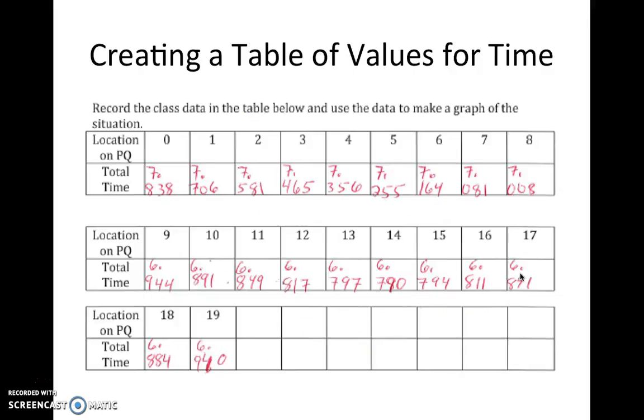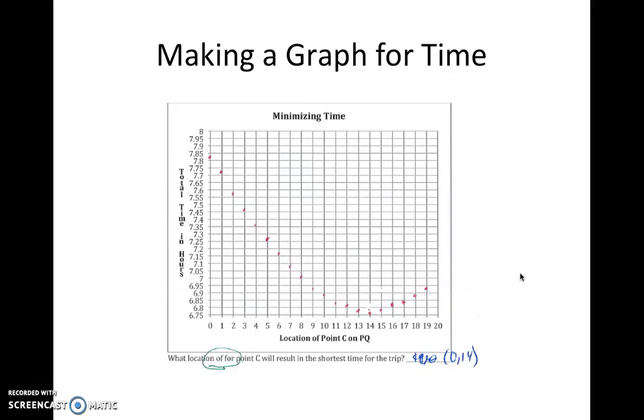Made and filled in another table with all of the possible integer locations for point C, with a little help from technology. And there's my graph. So it looks like it's going to be somewhere around 14, the minimum time.